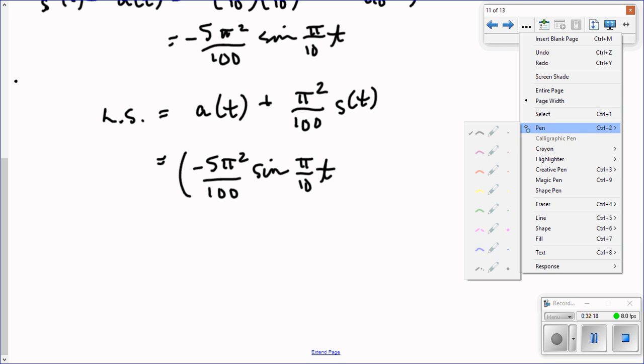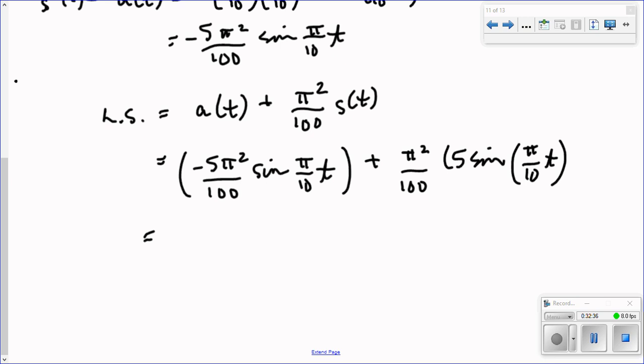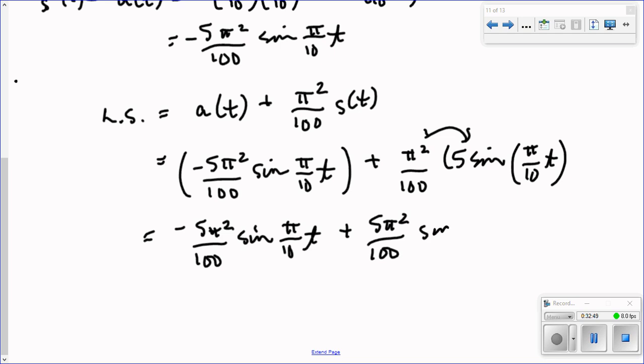And then we'll close that bracket. And then I've got a plus sign, and I've got a pi squared over 100, and then I've got my displacement function. My displacement function is 5 sine pi over 10t. Looks like I can combine these together, plus 5 pi squared over 100 sine.